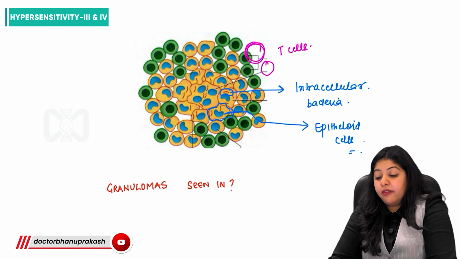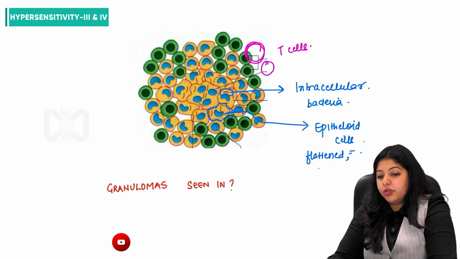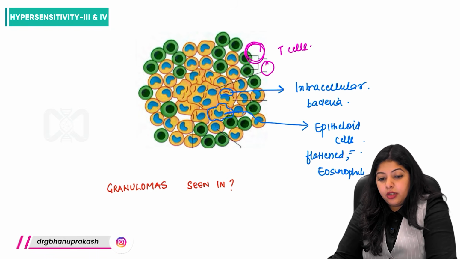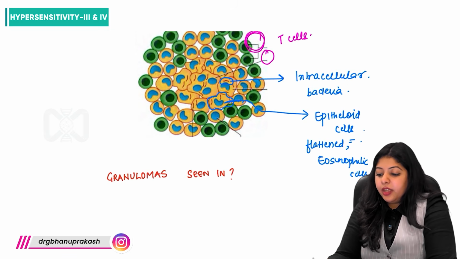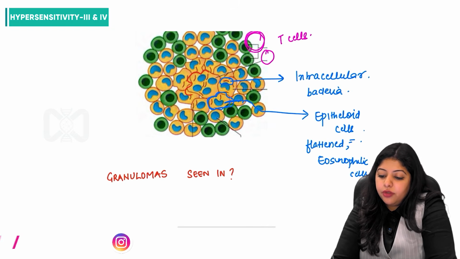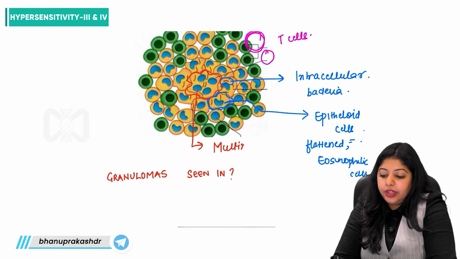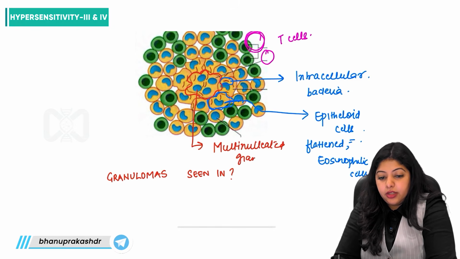These are flattened eosinophilic cells. And then when these epithelioid cells fuse together, they lead to formation of multinucleated giant cells.